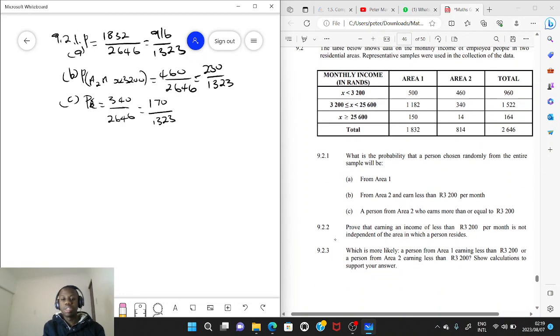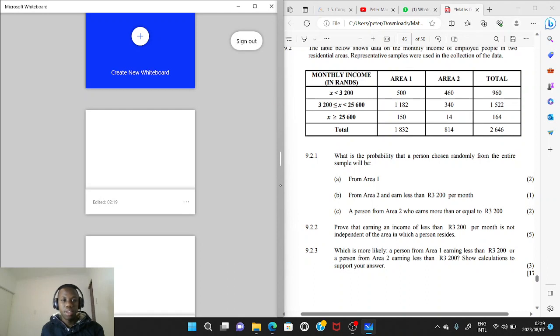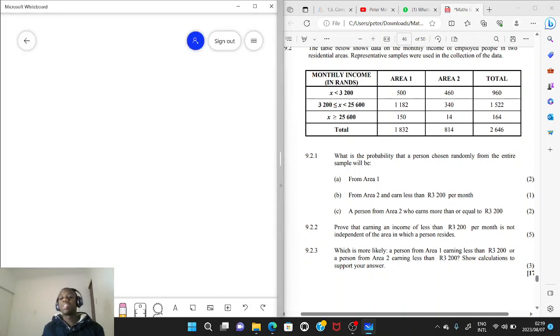Now we are left with 9.2.2 and 9.2.3. Let's look at 9.2.2. This question is similar to the one that we just did in the previous question.